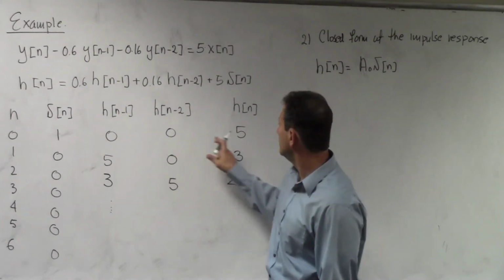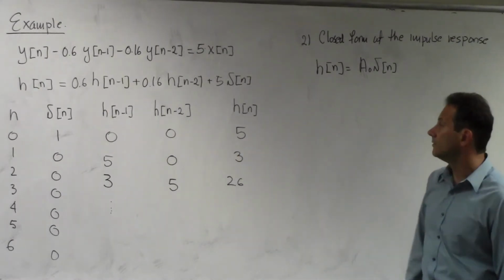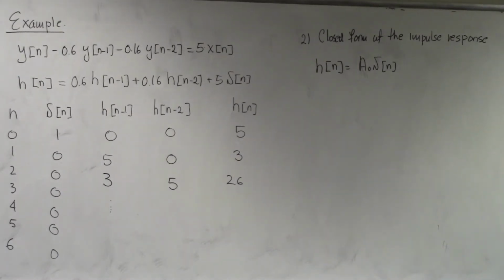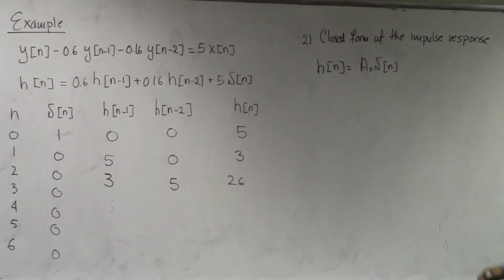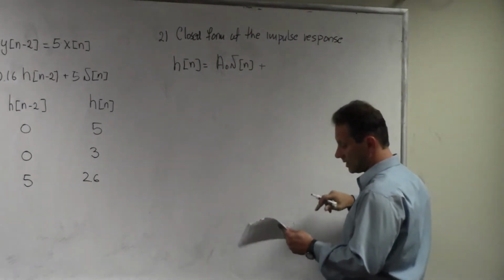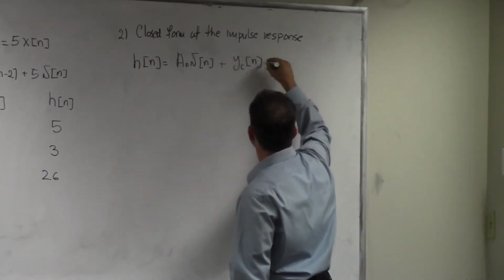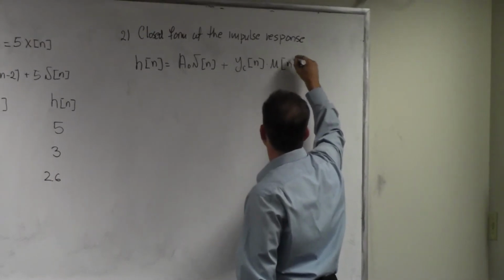Therefore, we had the impulse right in the first output here, and then it's going to have your natural modes here that are multiplied by u[n].